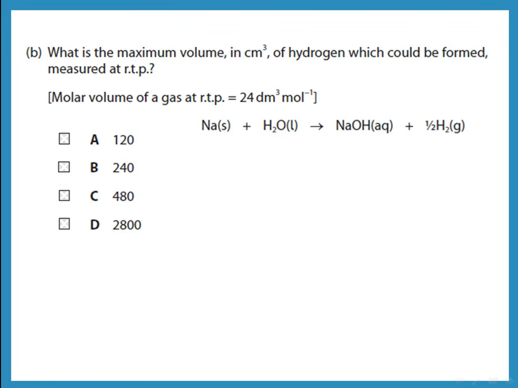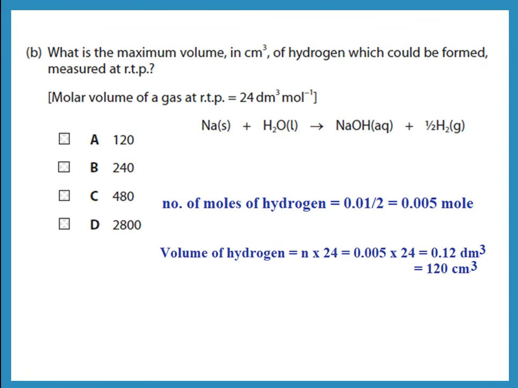Looking at the equation, the number of moles of hydrogen is half that of sodium. That means the number of moles of hydrogen will be 0.01 over 2, which is 0.005 moles of hydrogen. Now he's asking about what?